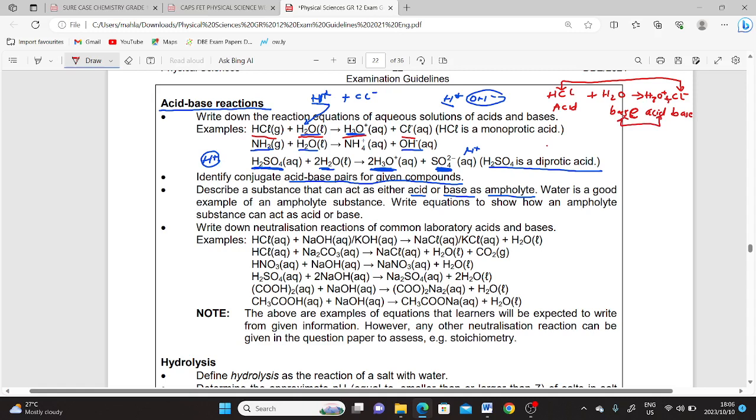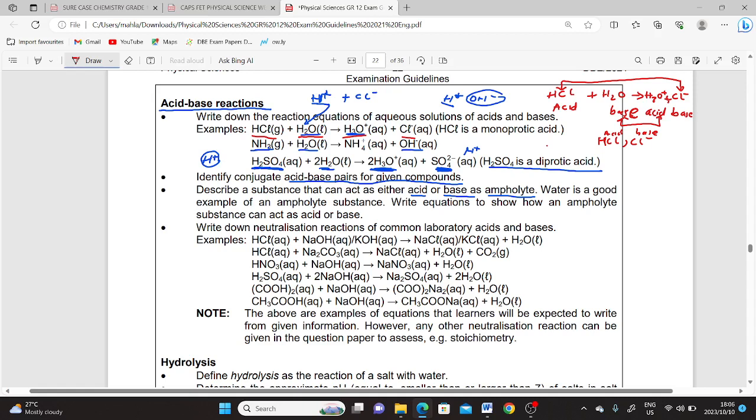So if asked to identify a conjugate base, here HCl and Cl minus are a conjugate acid-base pair. Right, that's what you can say about the conjugate acid-base pair.